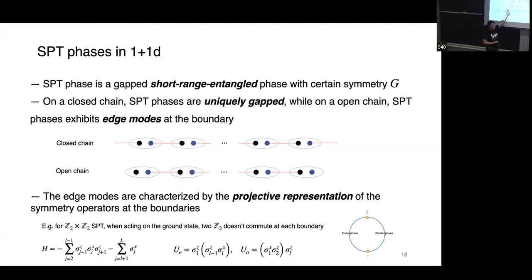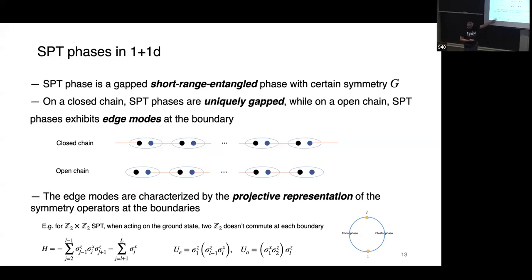We have a unit cell with two spins, and between unit cells, there's some short-range entanglement. But if we put it on the open chain, we cut it, and there are some dangling states on the boundaries. This gives you the edge modes. And the edge modes are characterized by projective representations of your symmetry operators at your boundaries.